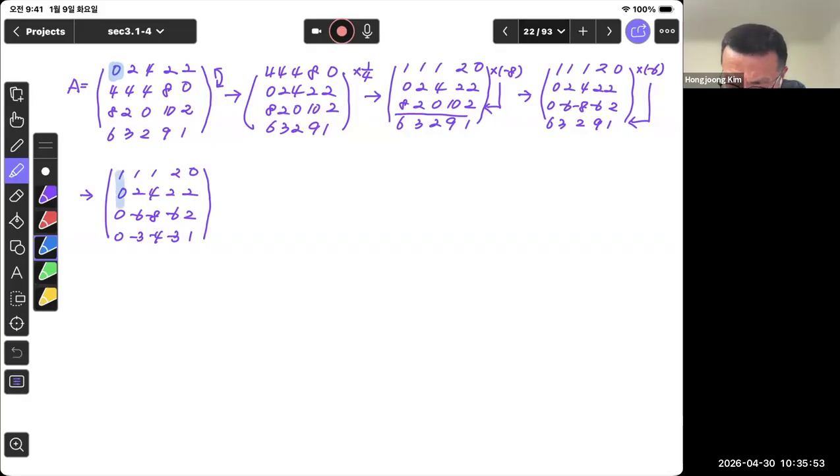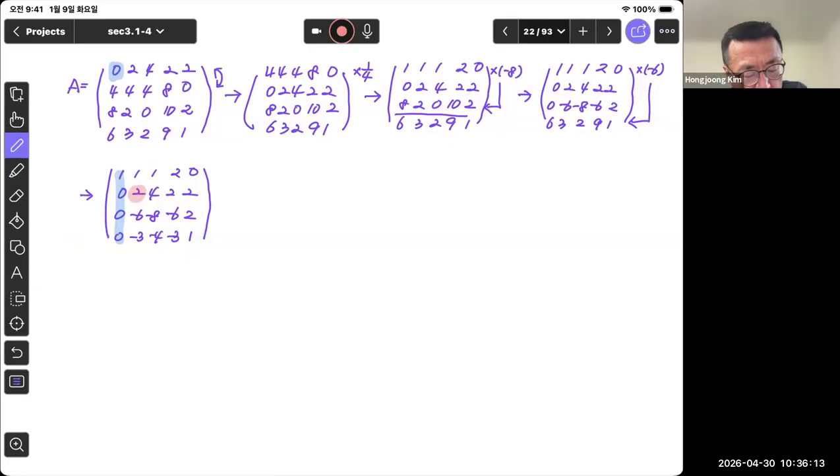So when I look at this matrix, the first column is now 1, 0, 0, 0. Now I go to the second column and look at the entry in the second row, second column, which is now 2.